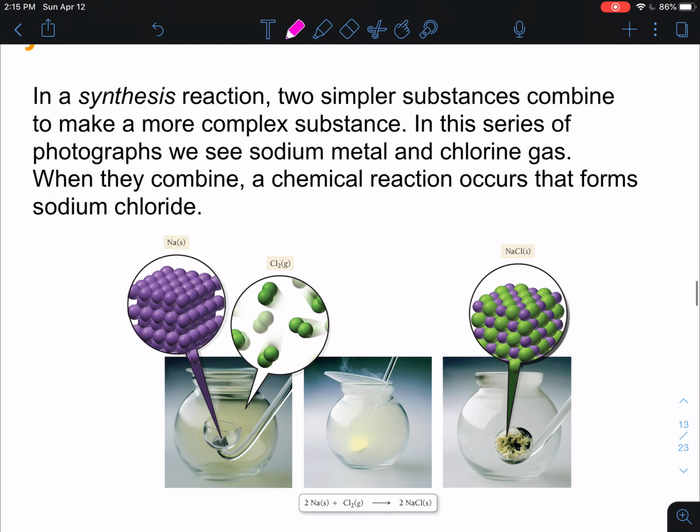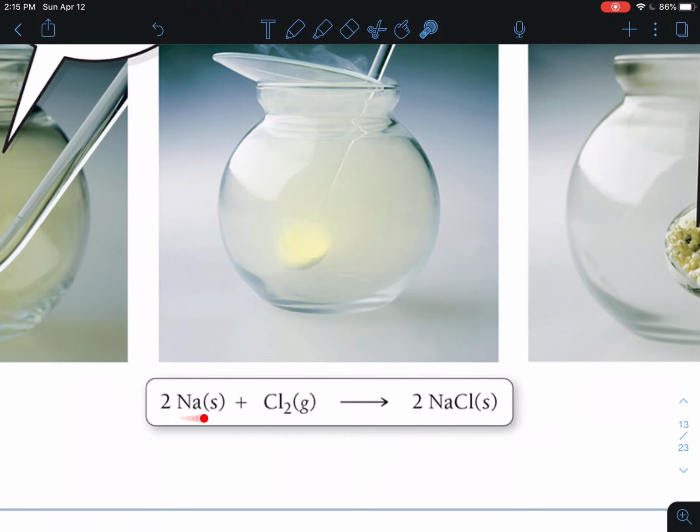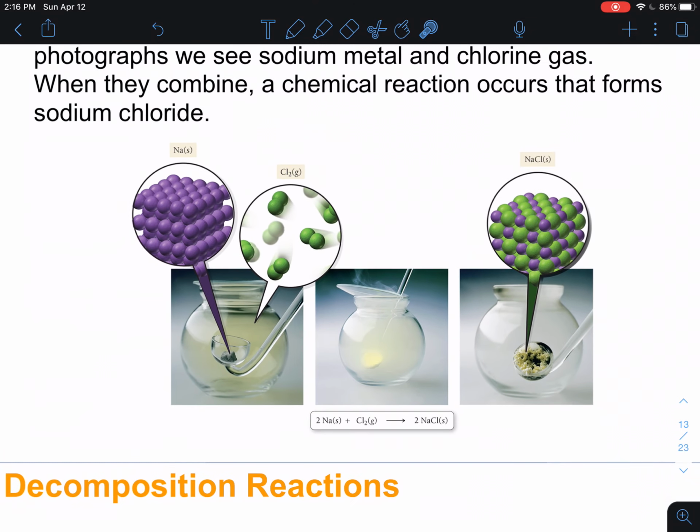So again, synthesis reaction. Two simpler substances combine to make one more complex substance. A really good example of this is solid sodium and chlorine gas, and this is one of the first reactions that we even balanced. 2 moles of solid sodium react with 1 mole of chlorine gas to give you 2 moles of solid NaCl.